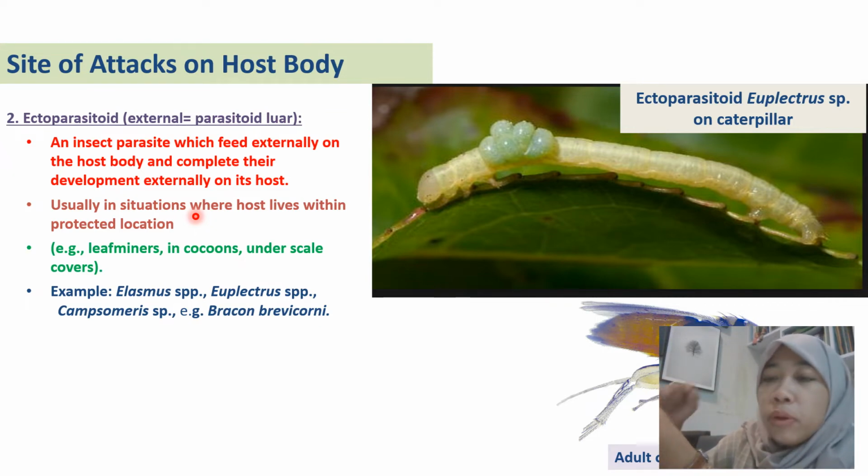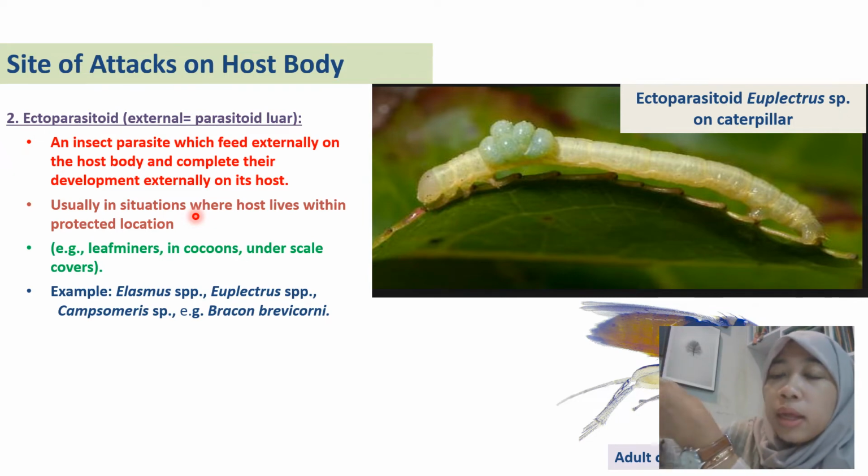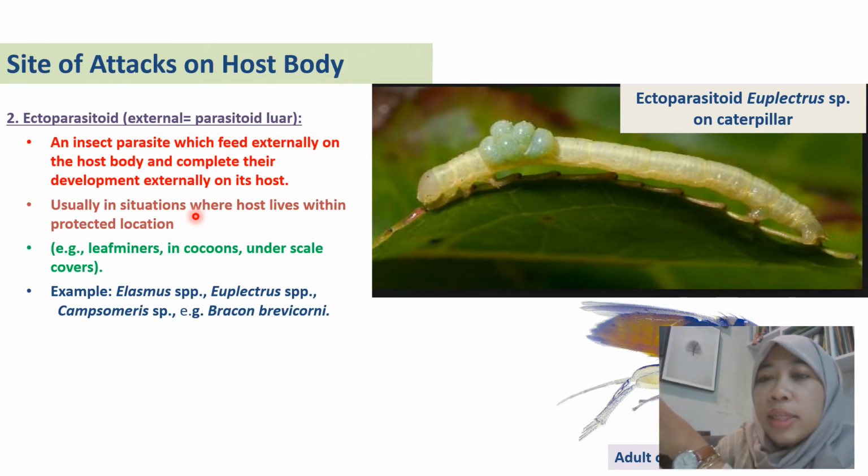They will deposit their egg not directly on the body of the pest, but near the habitat of the host. After the egg hatches into a larva, the larva of the parasitoid will search for the stem borer inside the stem.